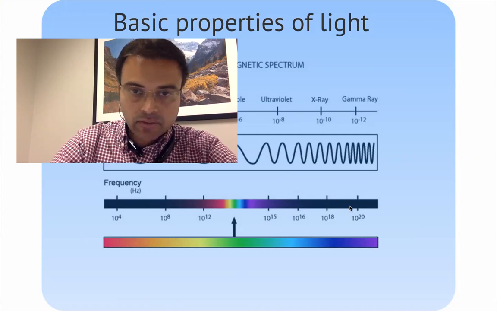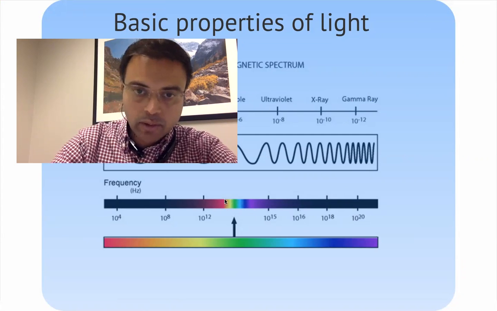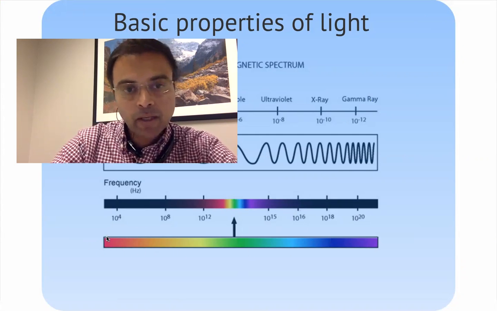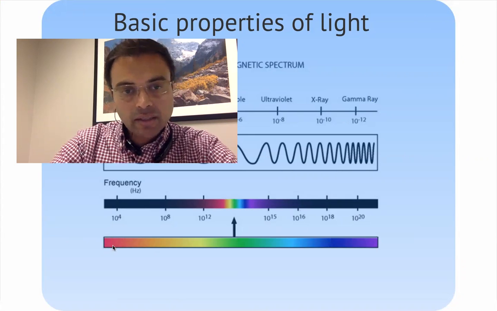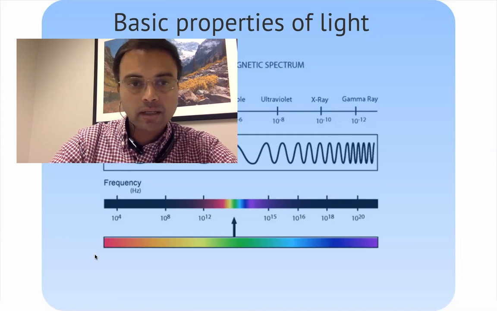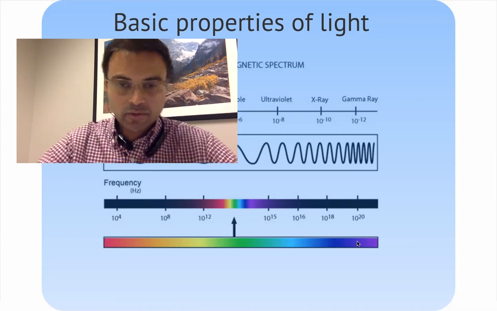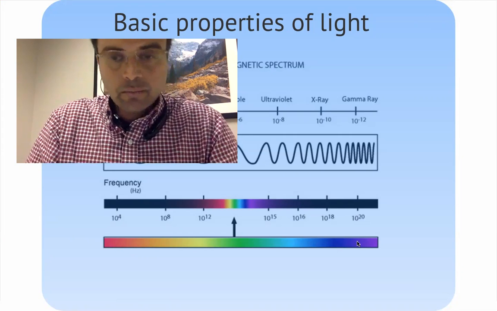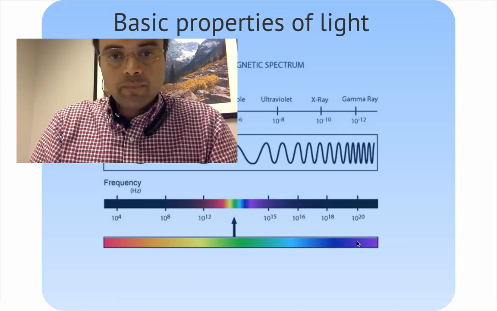If you look only at the visible component, red light has a longer wavelength than violet, but red light has a smaller frequency than violet, as we see in rainbows.